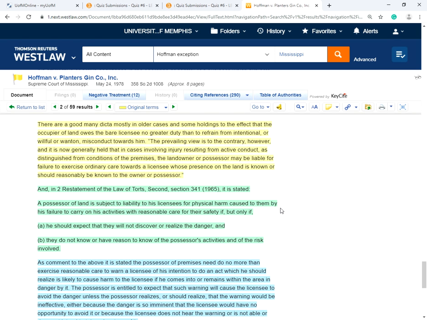So this child was hurt, and what they're saying basically here is the landowner has knowledge that the invitee doesn't have. So even if he warns them and they get injured, essentially he could still be liable for their injury because he failed to give them reasonable care while they're on his property and warn them of dangers on his property.